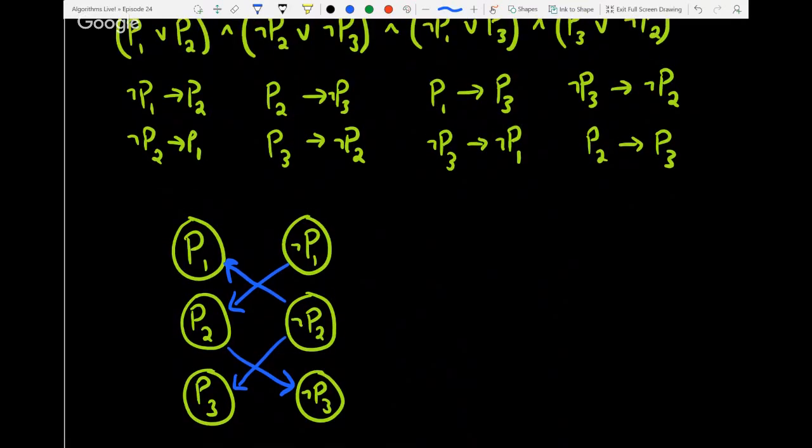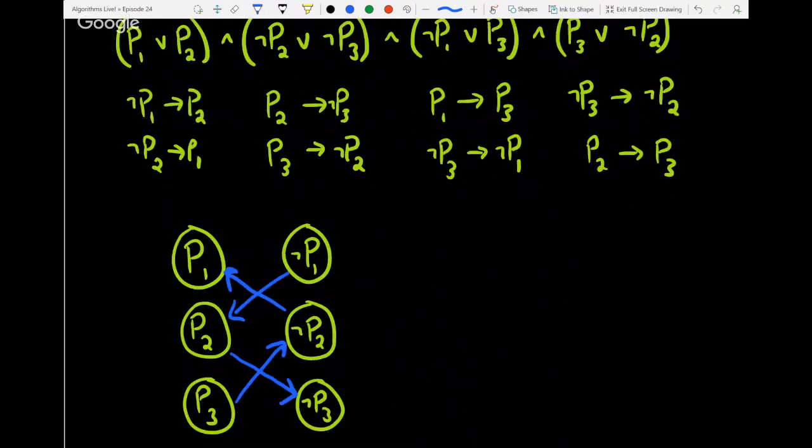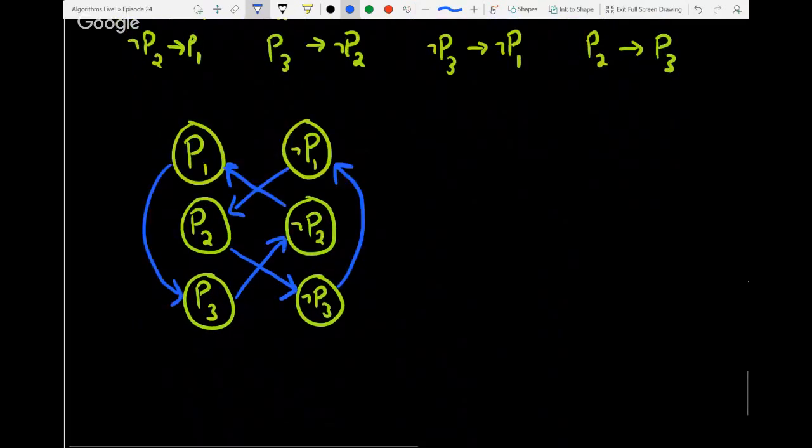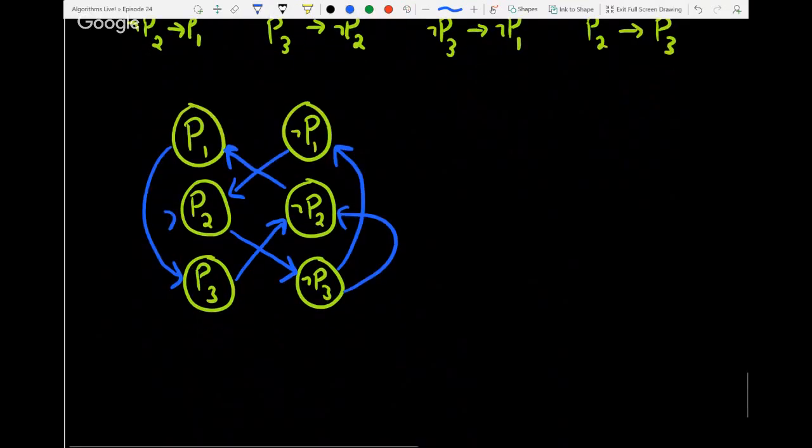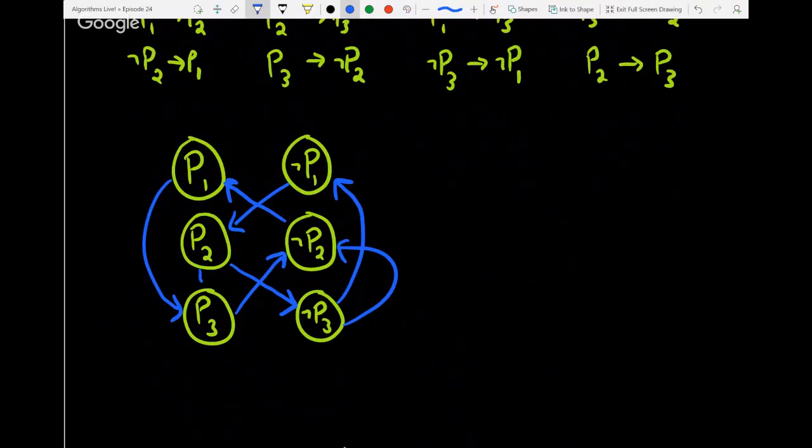Oh, I did something backwards here. So P2 goes that way. Okay, good. P1 implies P3, and we have that one going this way. And not P3 implies P2, and P2 implies P3, something like that. You can draw it without edge crossings.